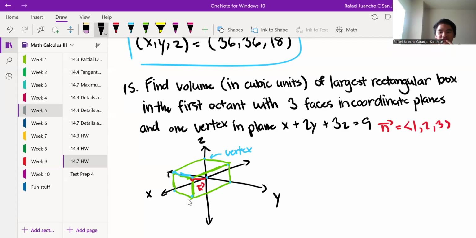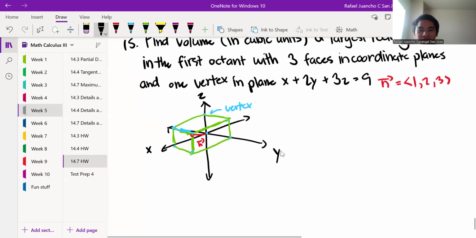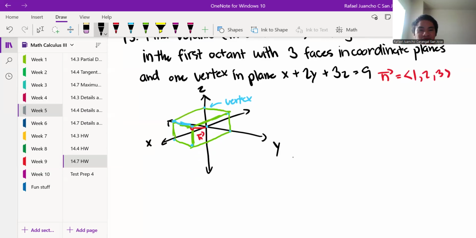Ooh, that's interesting. So the idea, I hope I'm not getting it wrong. This is not drawn to scale, by the way. But the idea being, let me see if I get this.